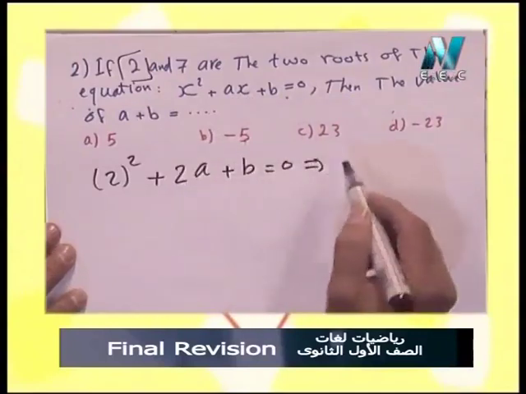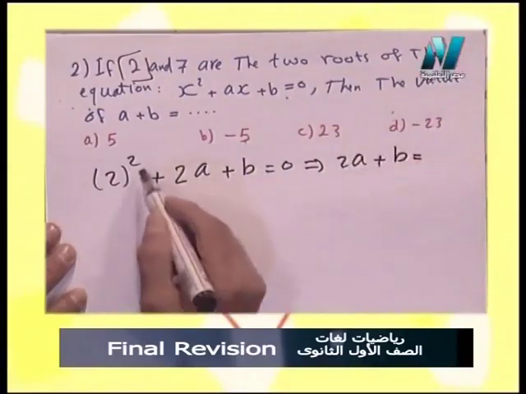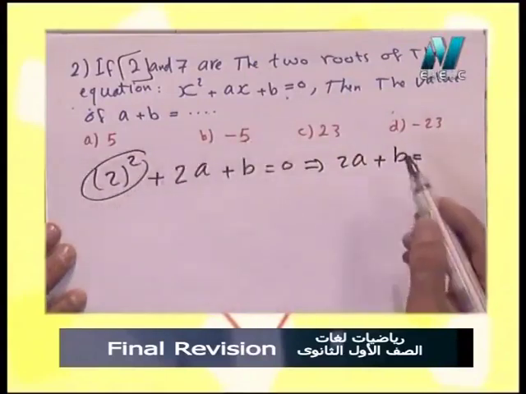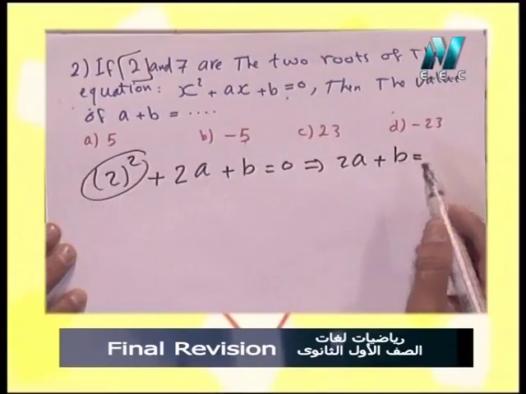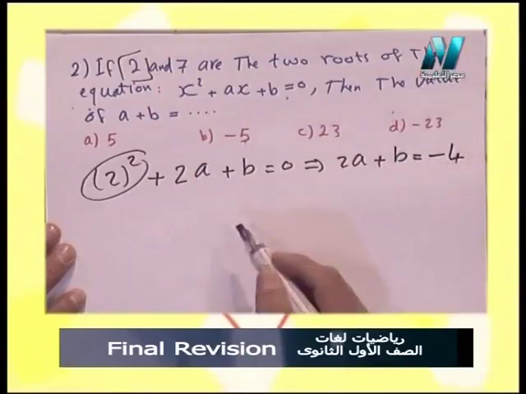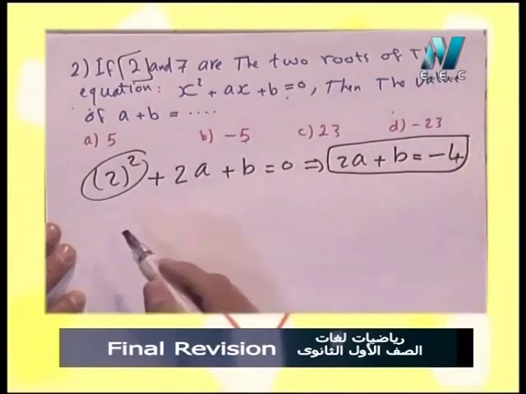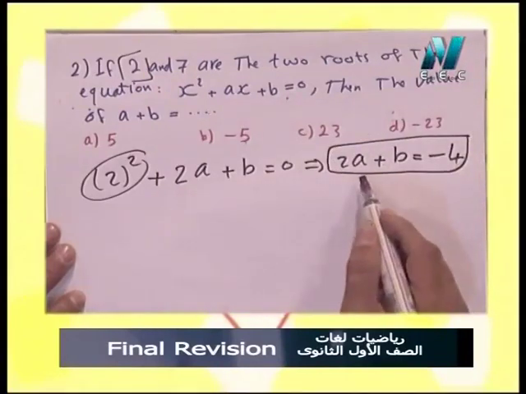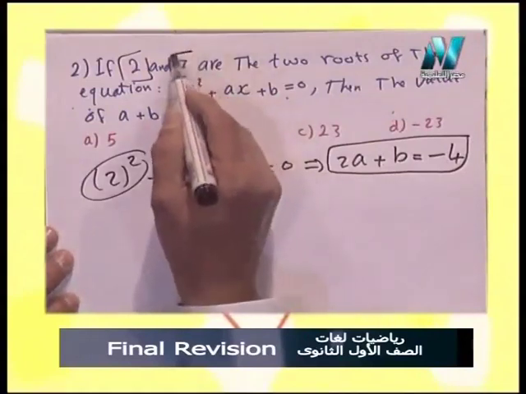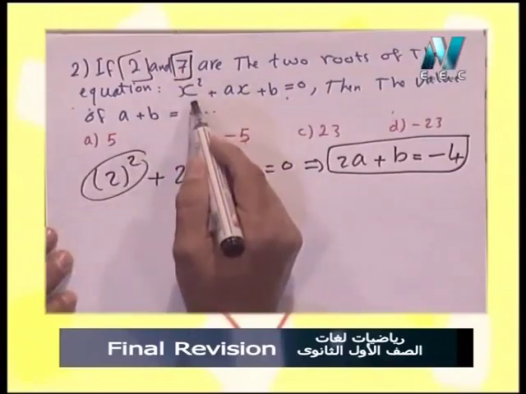So we have an equation here: 2a plus b equals, with 2 power 2 equals 4 transferred to the other side as negative 4. So 2a plus b equals negative 4. We have an equation here in two variables a and b. And we will substitute by 7 instead of x.